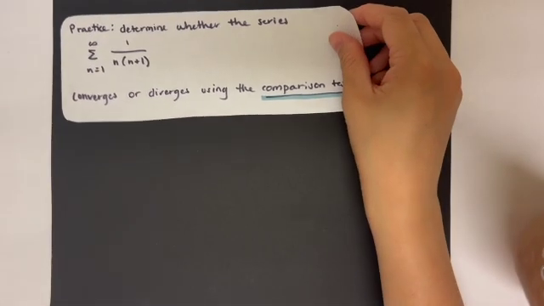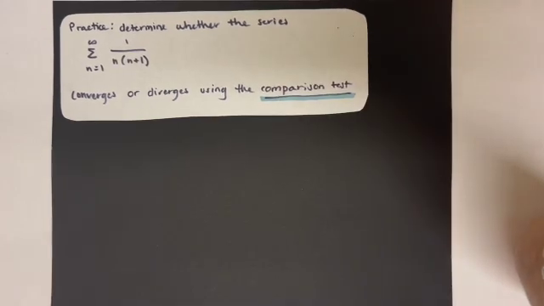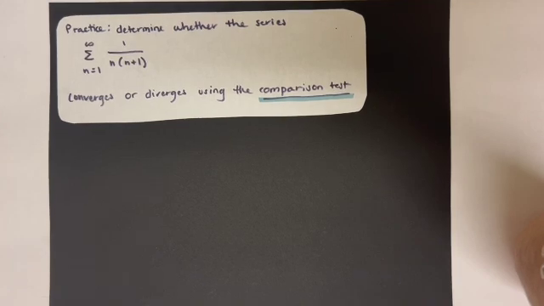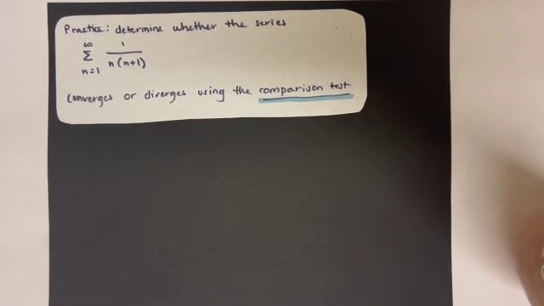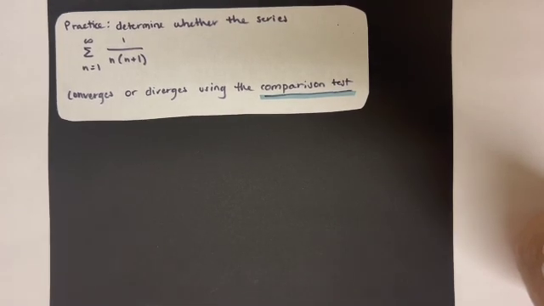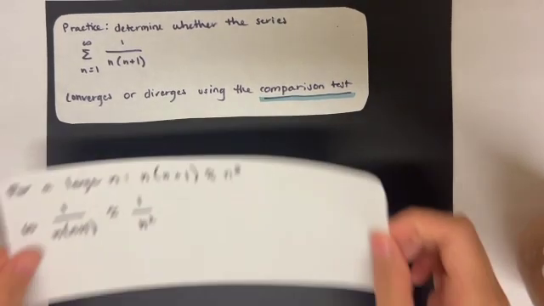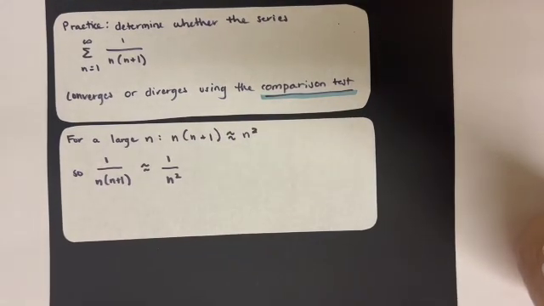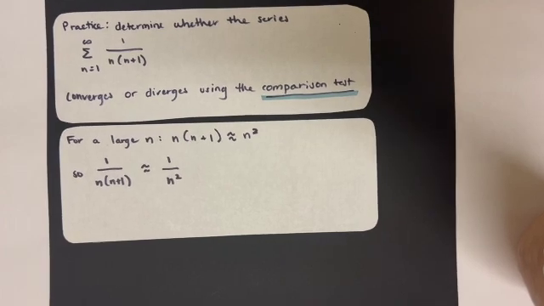Let's look at another practice problem. For this problem, we'll determine whether this series converges or diverges using the same comparison test. To solve this question, we'll need to find a suitable p-series that we can compare this original series to. For a large value of n, n times n plus 1 is pretty close to n squared.